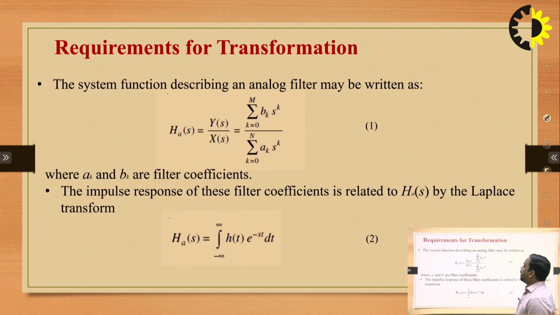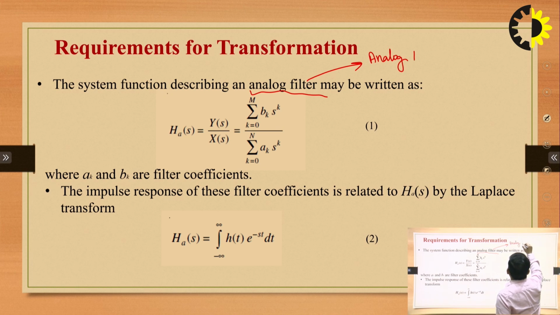Requirement: what is the need of transformation from an analog filter to a digital filter? First of all, let's say we have the transfer function of an analog filter. Later on we'll talk about a prototype analog low pass filter.